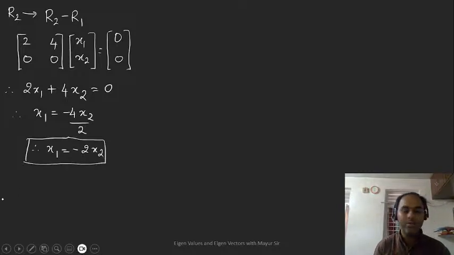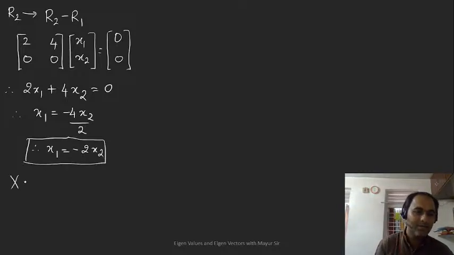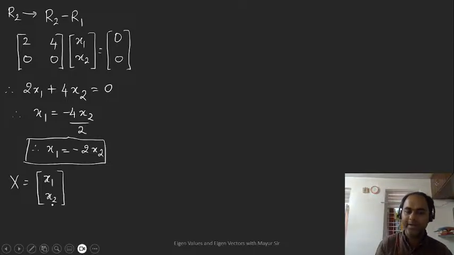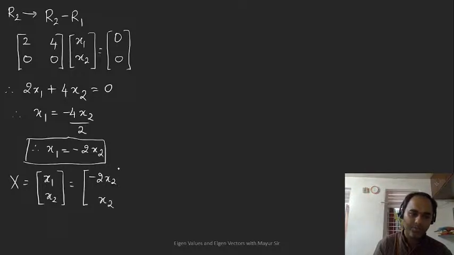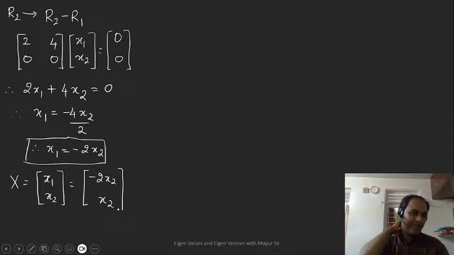Now I try to write capital X. When I write capital X in the general format, it has x1, x2 as a standard column vector. What does it become now? Minus 2x2, and here it is x2. You can see that my vector has only one scalar. The scalar is x2.